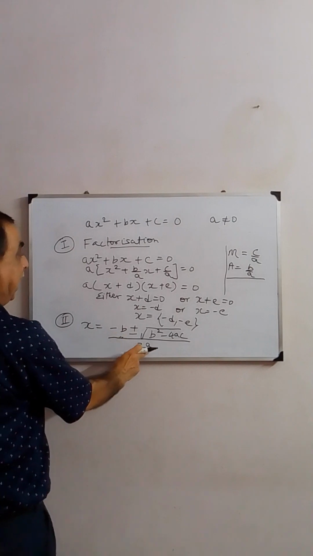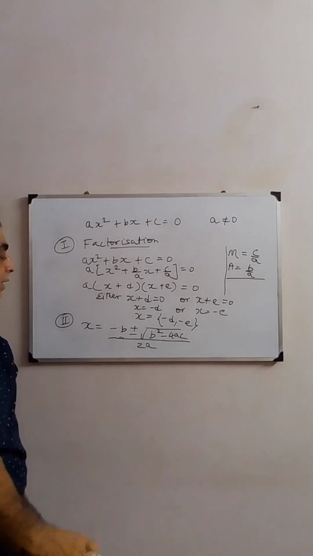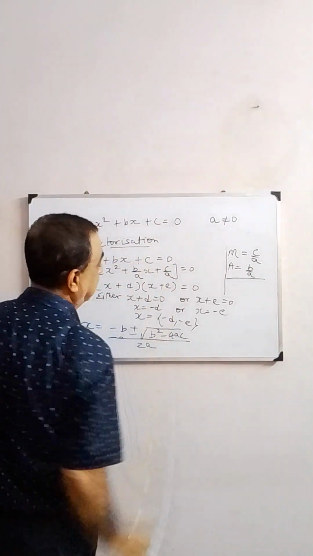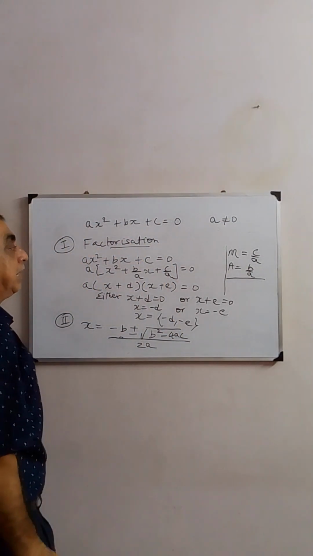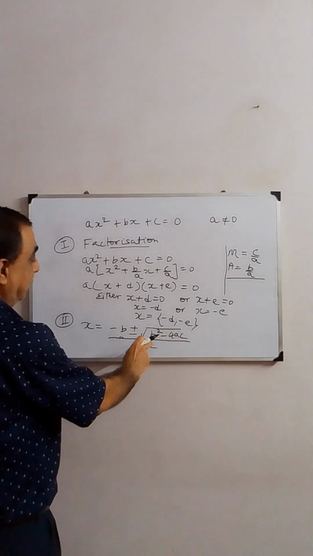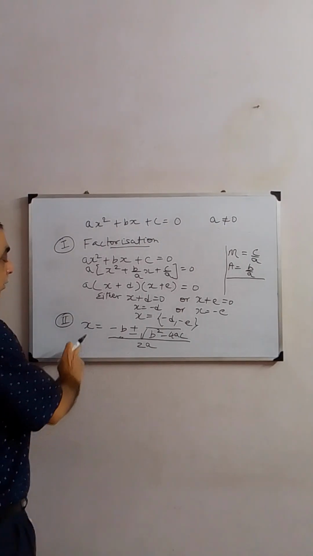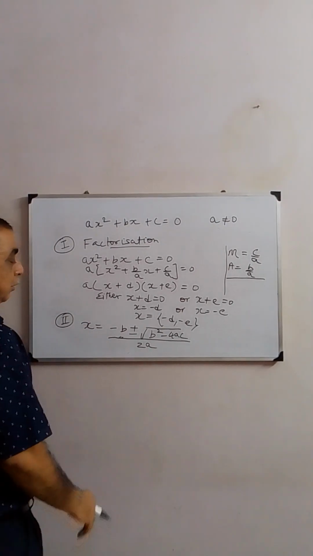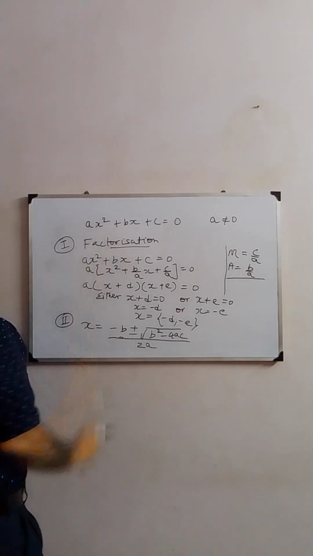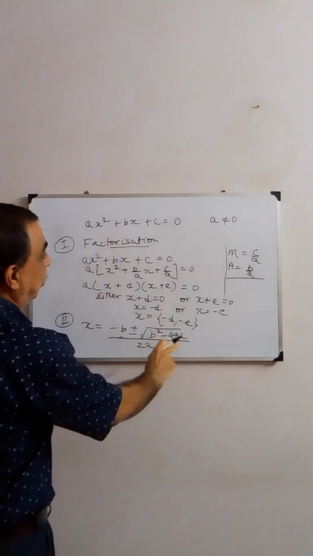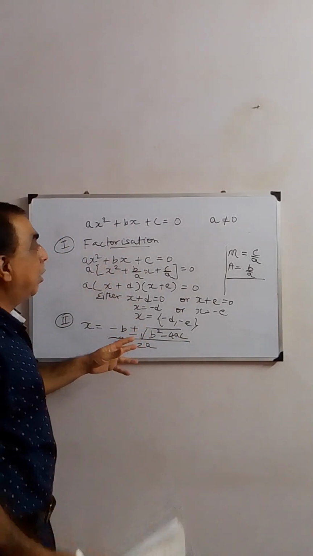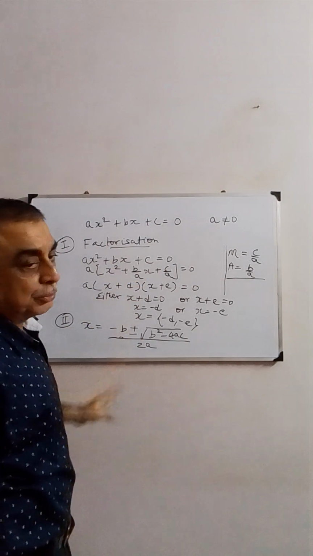Where a is the coefficient of x squared, b is the coefficient of x, and c is the constant term that is free from the variable x. So this is the formula for finding the values of x directly. There are two values we will get, because when the degree of the equation is 2, on solving we will get two values of x. So these are the two methods of solving a quadratic equation.